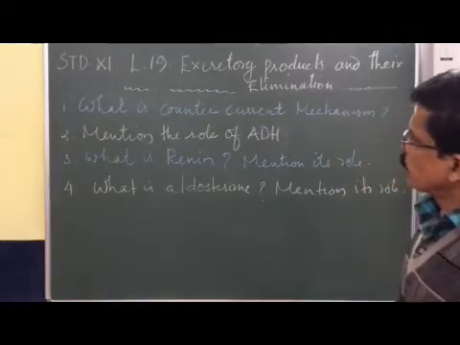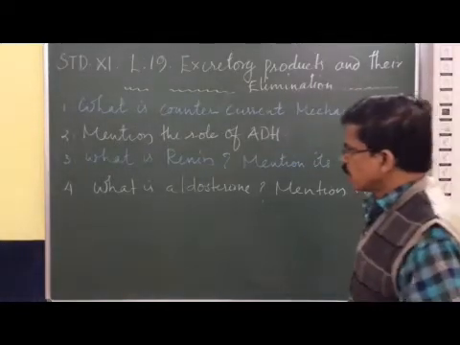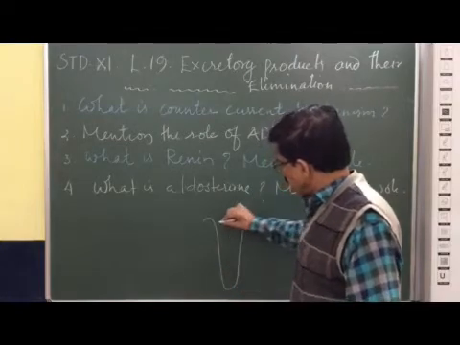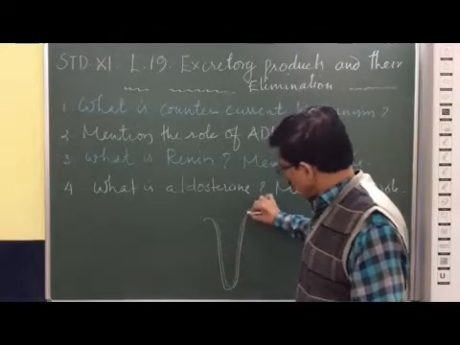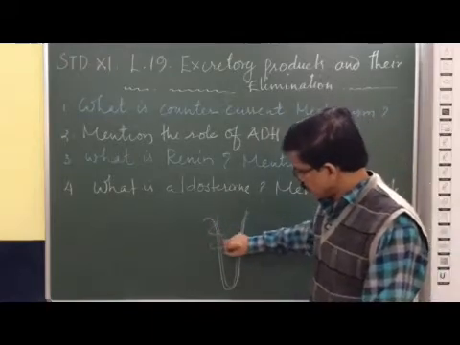Now, we have to say what is the counter current mechanism. I told you already. Suppose this is the Henle's loop, and around the Henle's loop we can see a lot of blood vessels.